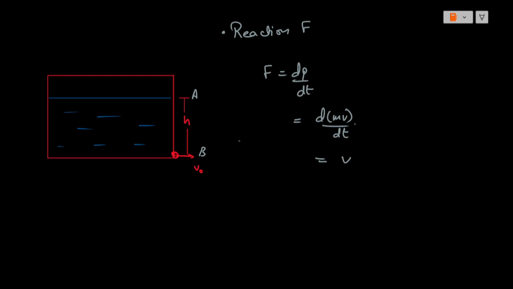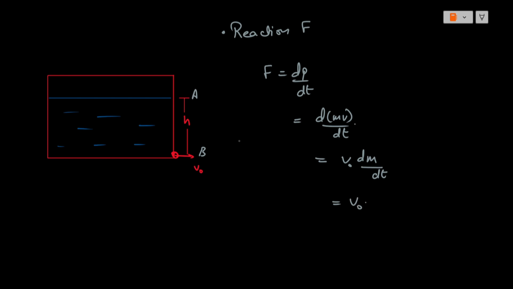So the velocity is constant and comes out of the change, and the remaining change persists for the mass m. So we have dm over dt.